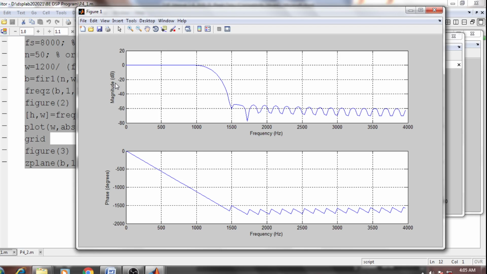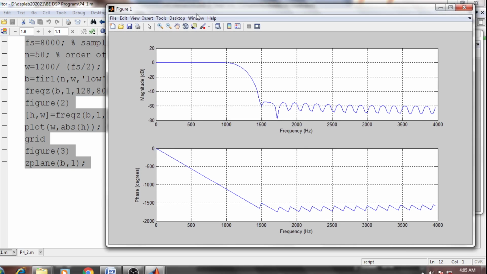The cutoff frequency is given near about 1200; up to 1000 it will be straight, and slightly after that there is a curve. Near about 1200 hertz will be the omega, multiplied with omega equal to 1200 by fs by 2, and omega equal to 2 pi f by fs will be the formula. So that value will be gained.